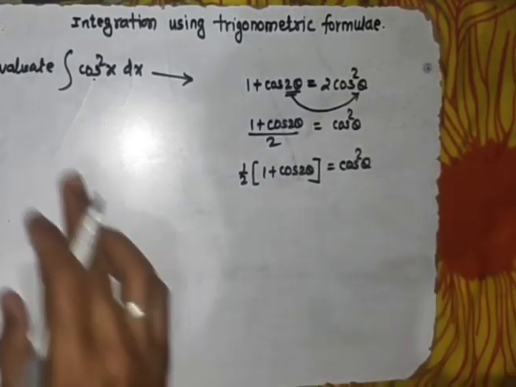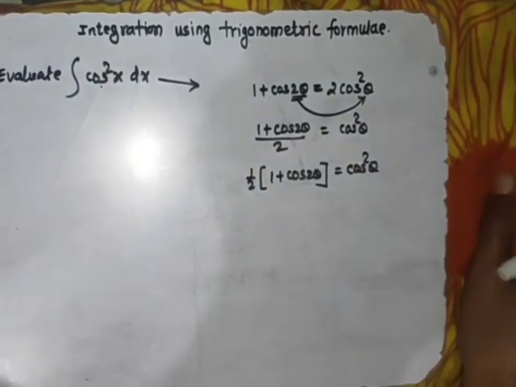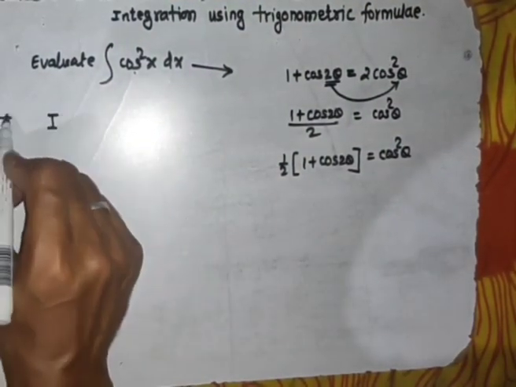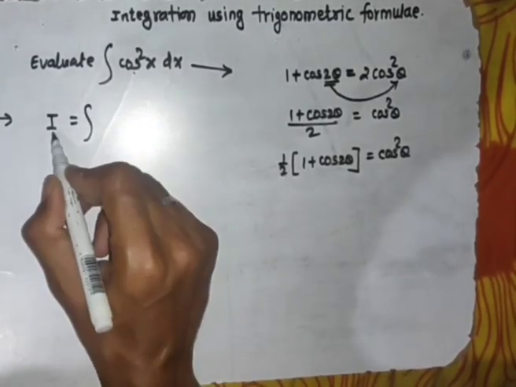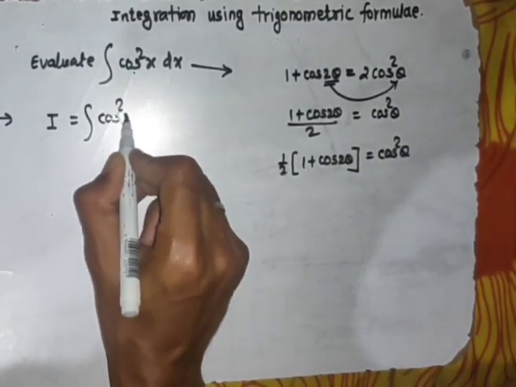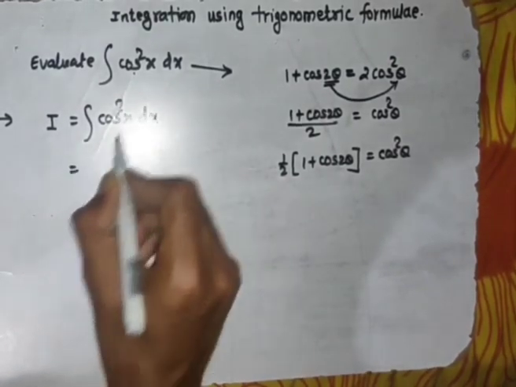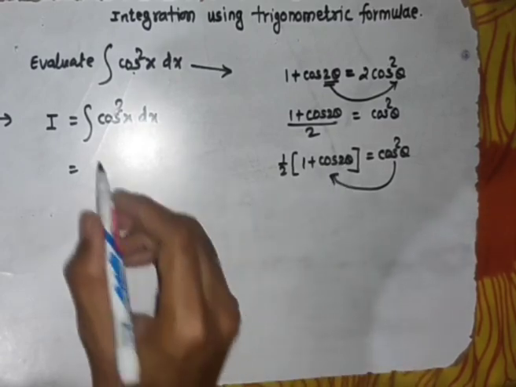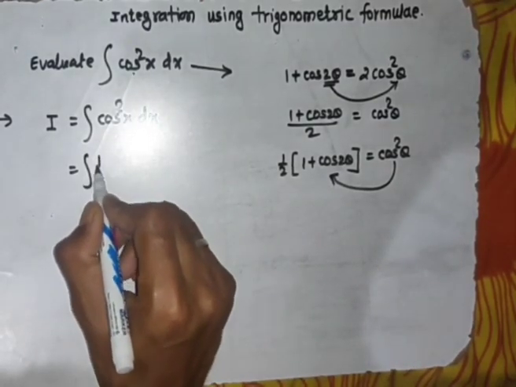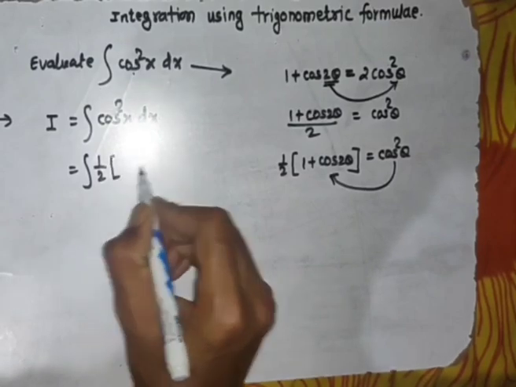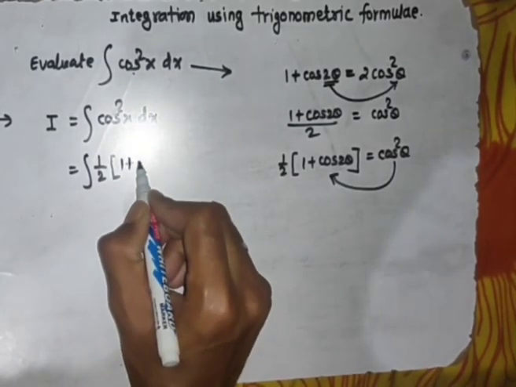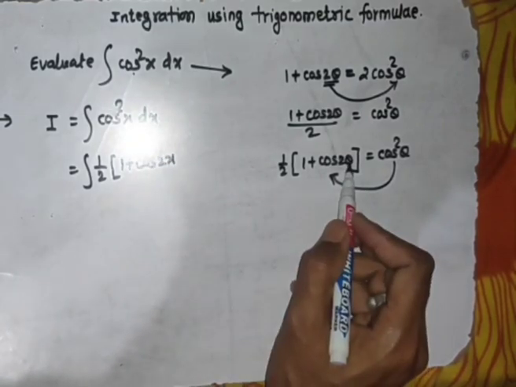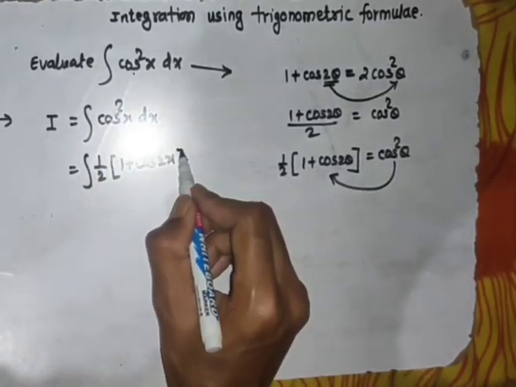Now using this formula we can write the given integral. Let I be the integral of cos square of x dx. Using the formula, cos square theta is 1 by 2 into 1 plus cos 2 theta. So we can write 1 by 2 in bracket 1 plus cos of 2x, because here theta is the variable and here the variable is x.